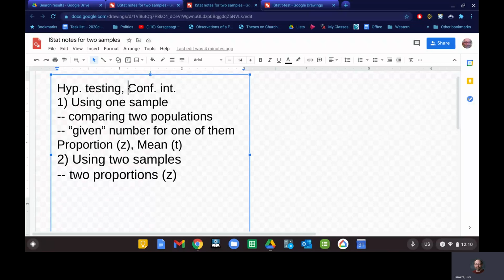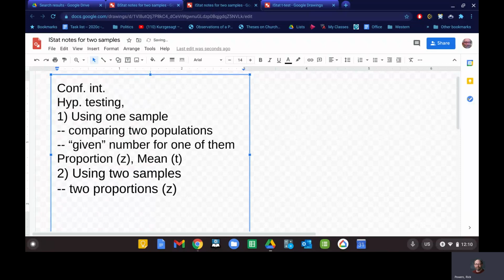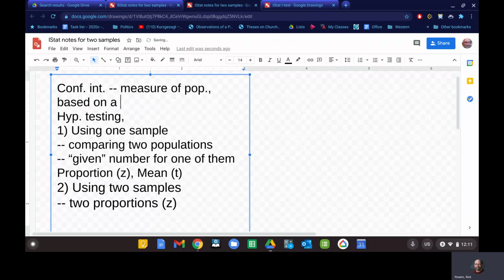The first way that we talked about earlier was that of using the confidence interval. If we use the confidence interval, then what we're doing is finding out a measure of a population based on a sample, which is great.